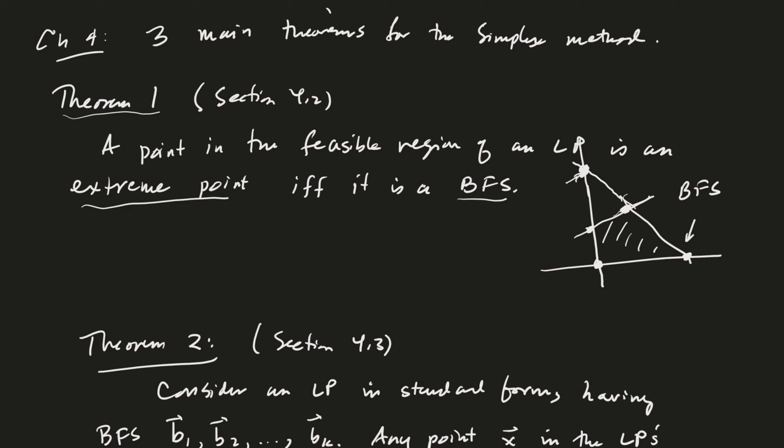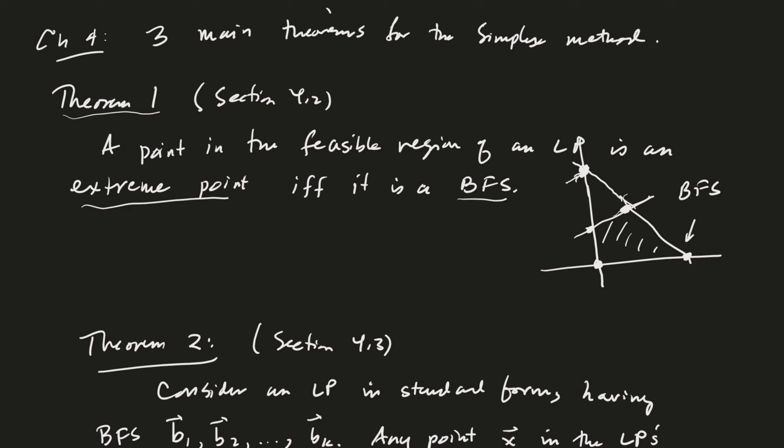So this would not be counted. We don't want to count that one, so let's put a red X through that. We're only counting these in our algorithm, and so we should only compute extreme points of our feasible set. And it turns out, fortunately, those are exactly the set of basic feasible solutions for our LP in standard form.